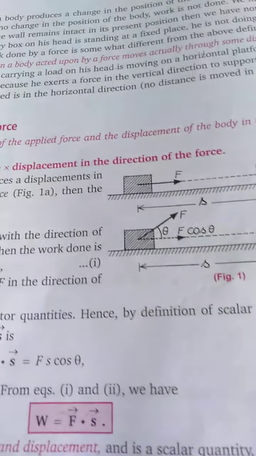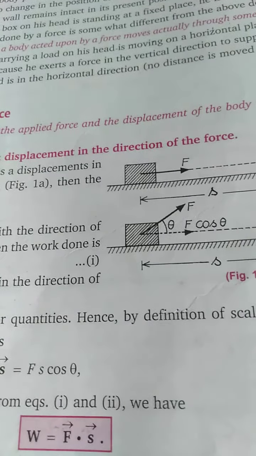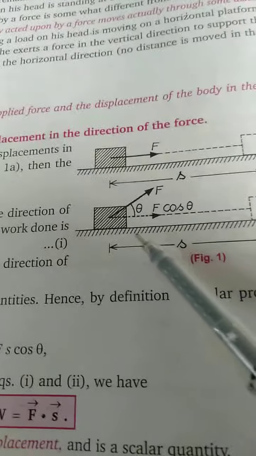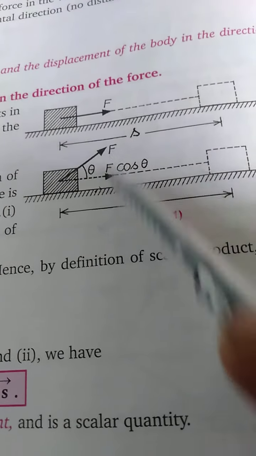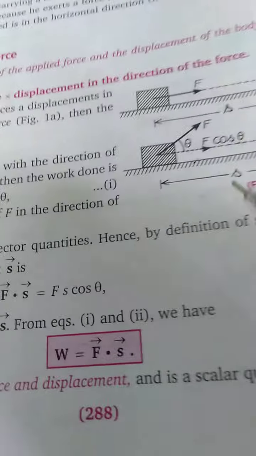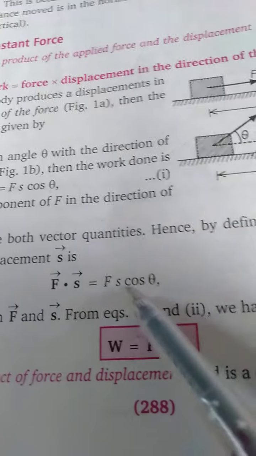The definition of work is that work is the product of force and displacement in the same direction. So here we are taking the force in the direction of displacement, and we will get F S cos theta.